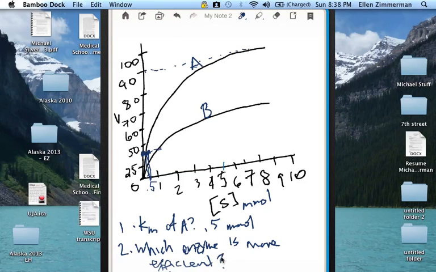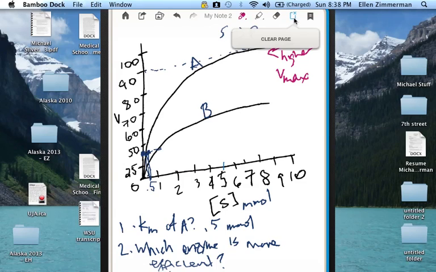Efficiency just means which one is able to turn over more products from reactants, from substrate. Remember, it's all about substrate going to product. So which one does that better? Well, that's just the one with the highest Vmax, right? So A has higher Vmax, therefore a higher efficiency.